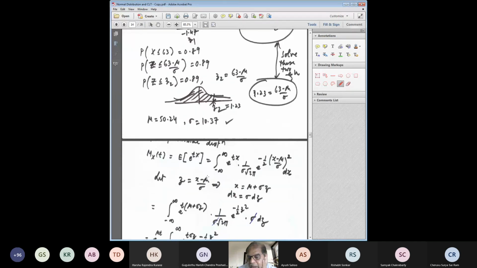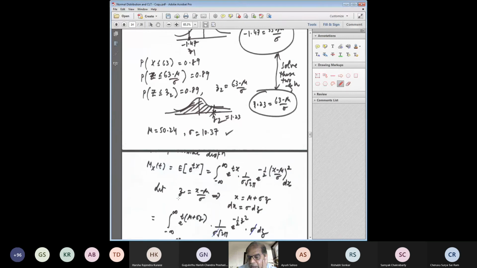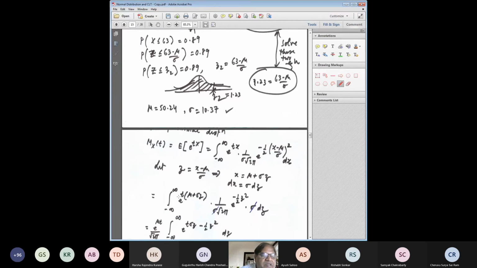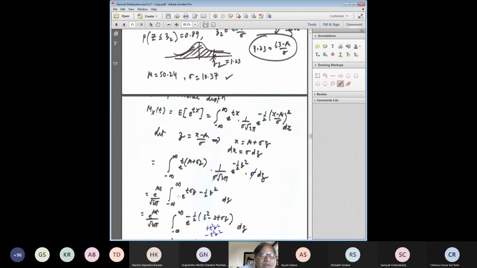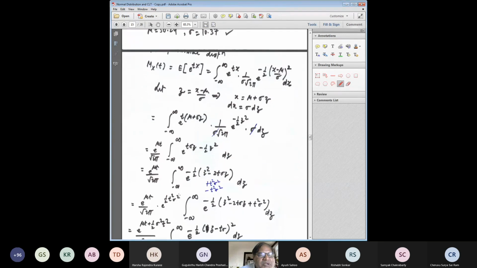Now, as I was telling you, the moment generating function. Normal distribution has another important property, that all odd order central moments are zero. Central moment means mu r is equal to the expected value of (x minus mu) to the power r.